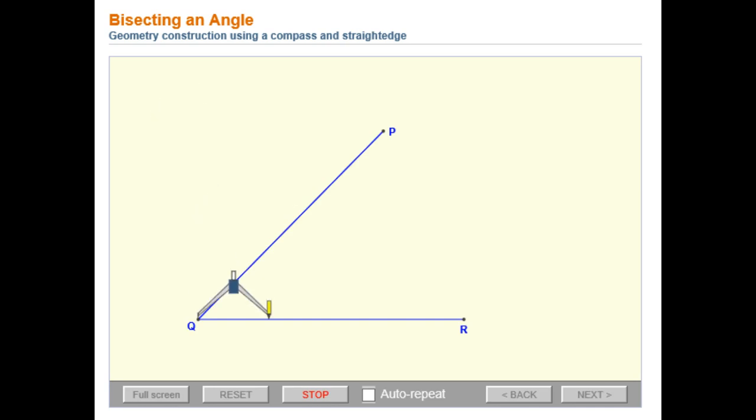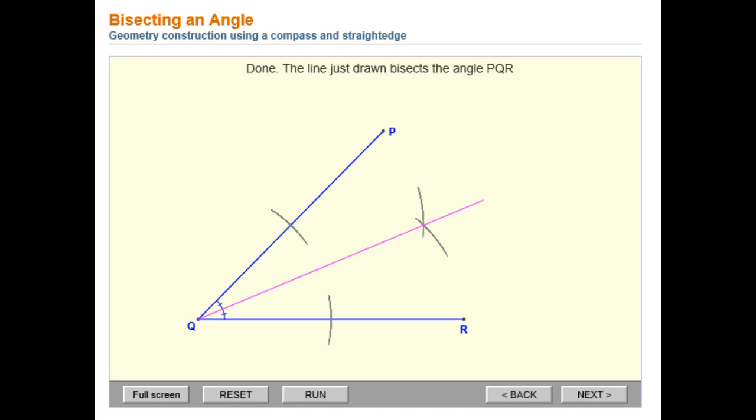So here's the angle. Bisecting it means dividing it into two equal angles. First we're going to make arcs through both rays of the angle from its vertex, and then arcs from each of those intersections. If we connect up the vertex of the angle with the intersection that's out in the middle of the angle, we've bisected the angle.